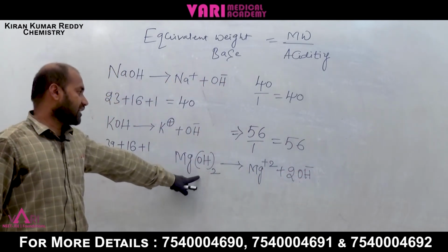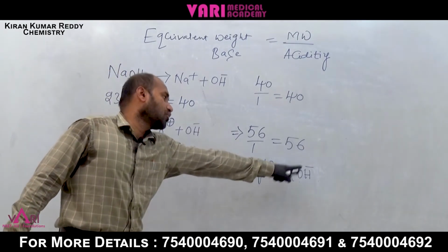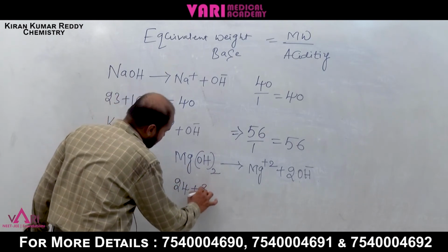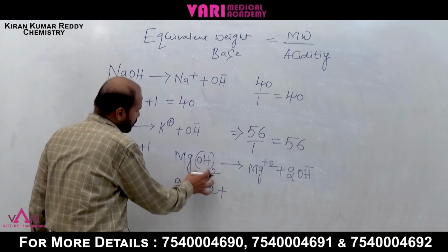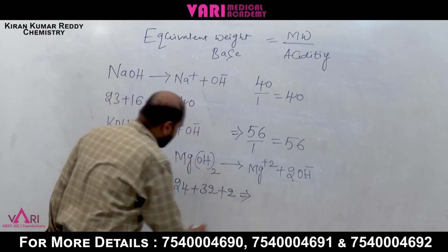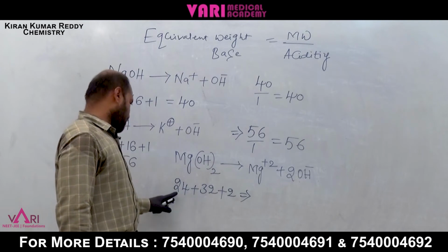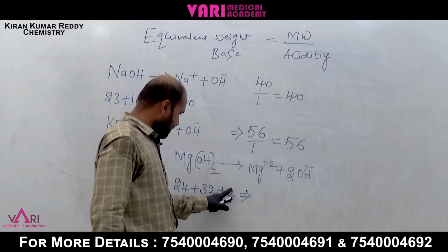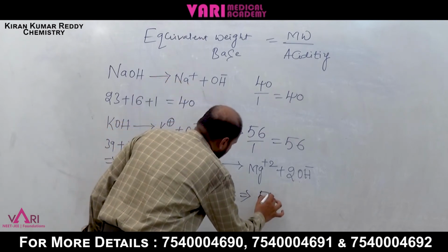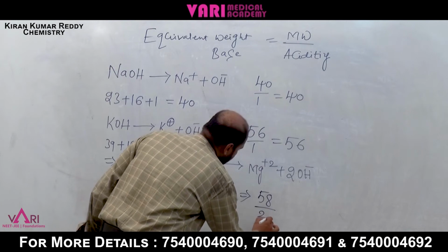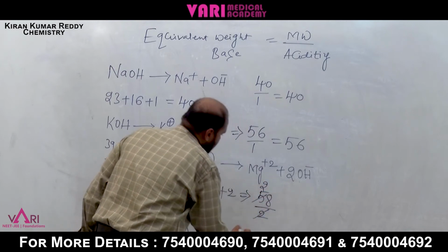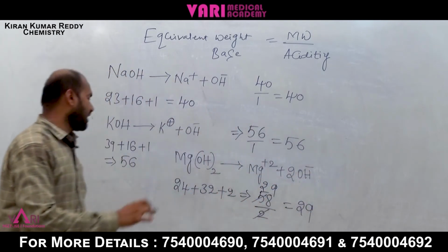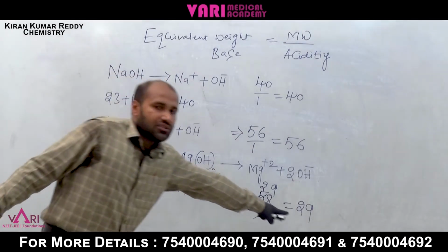Magnesium is 24, oxygen is 32, plus hydrogen, 2 hydrogens is 2, that is equal to 58. 58 by 2 is equal to 29. Gram equivalent weight of magnesium hydroxide is 29.